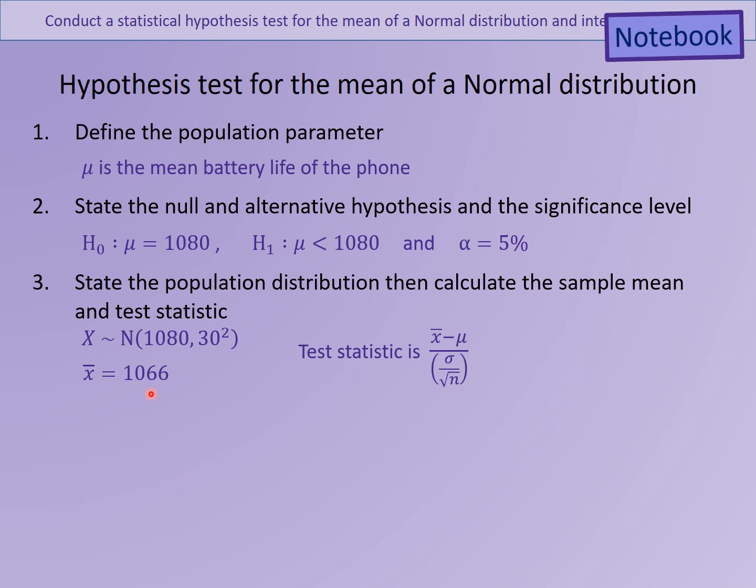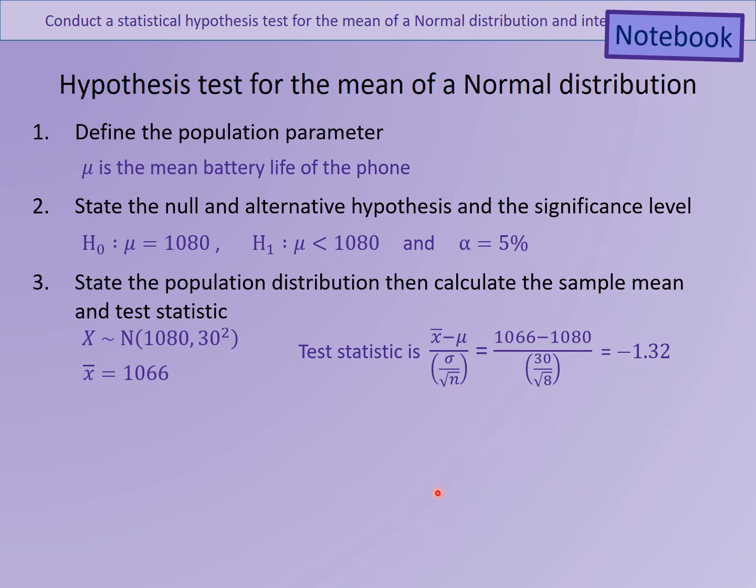That was from our size 8 sample. So now we can work out the test statistic. It's going to be 1066 from there, 1080 from the mean, 30 as the standard deviation, and our sample size was 8. If we put that in our calculator, out comes minus 1.32.